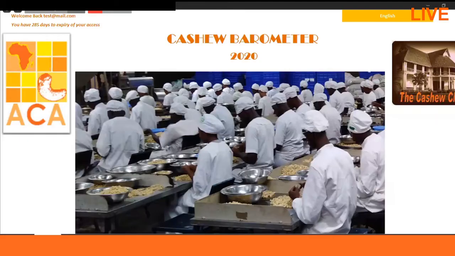I just would like to say that the Cashew Barometer is going to be available as two different types of licenses. We will have the individual or single user license, which can come in the form of just the charts and maps, no database, and then people can buy them at a very low cost, and to also use the maps in there.